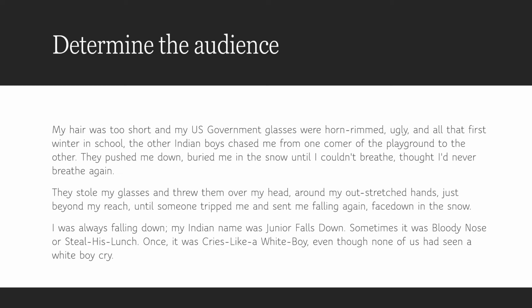They stole my glasses and threw them over my head, around my outstretched hands, just beyond my reach until someone tripped me and sent me falling again face down in the snow. I was always falling down. My Indian name was Junior Falls Down. Sometimes it was bloody nose or steal his lunch. Once it was cries like a white boy, even though none of us had seen a white boy cry.